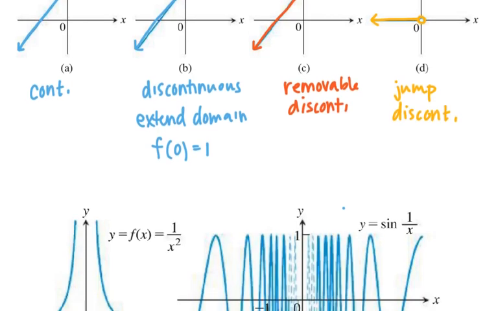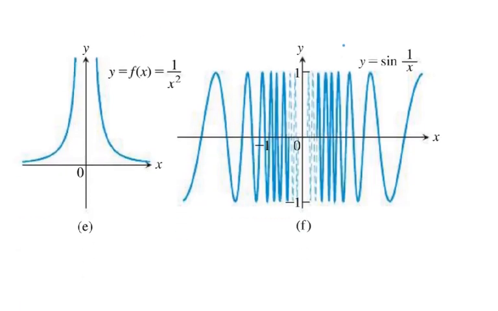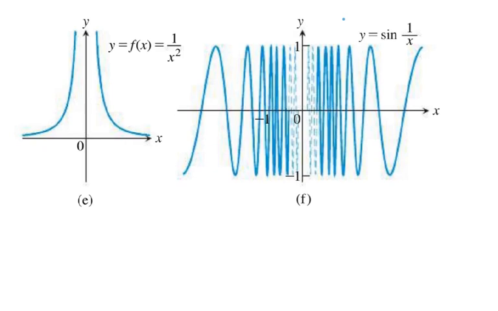And if we move down here, we have two other pictures. E, we have a vertical asymptote on this rational function graph. So E is an infinite discontinuity.